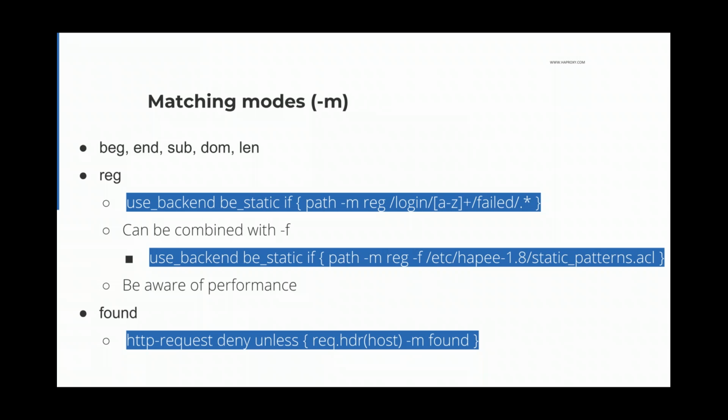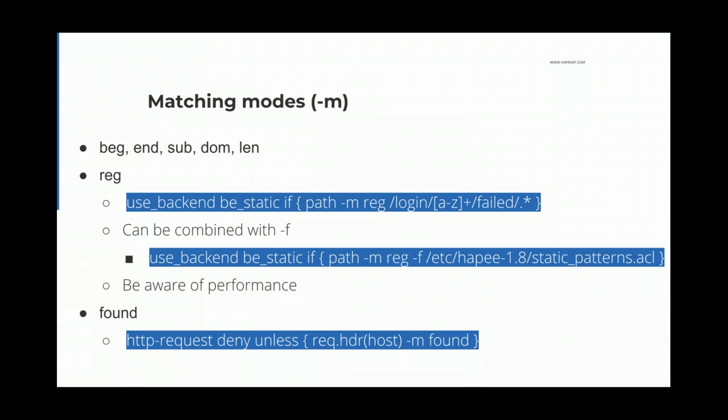-m dom is a domain match, which is basically a substring match, except it expects the value to be terminated or separated with periods. So if I'm matching against example.com and the input sample is www.example.com, it will match. But if it's example2.com, it won't.